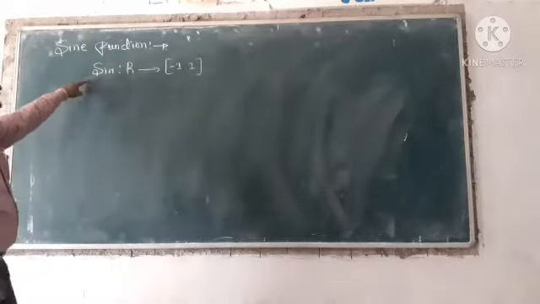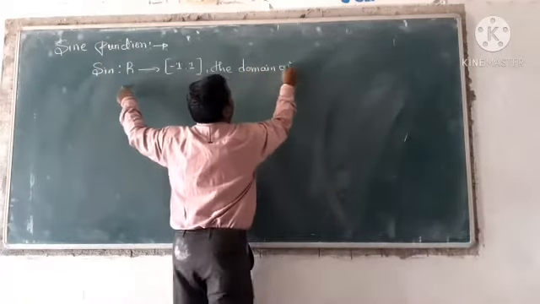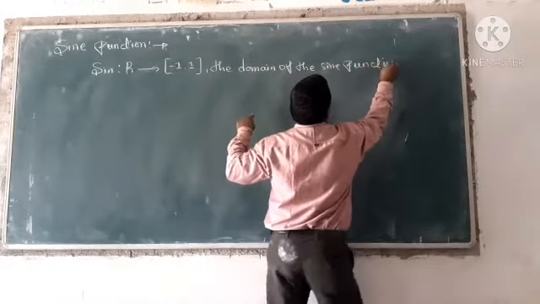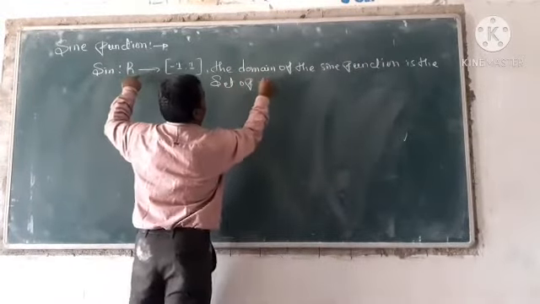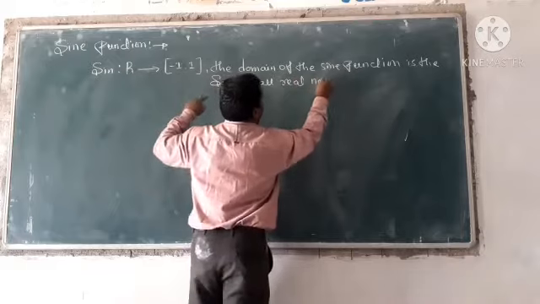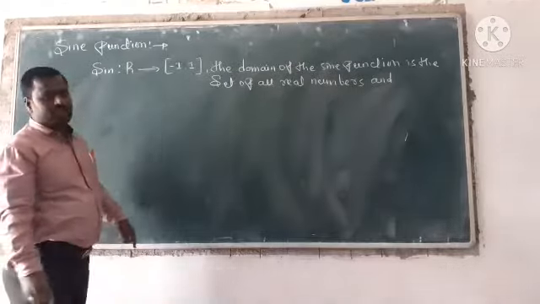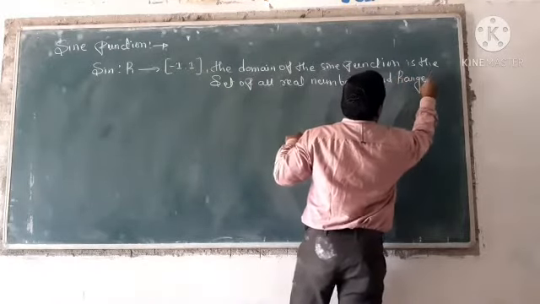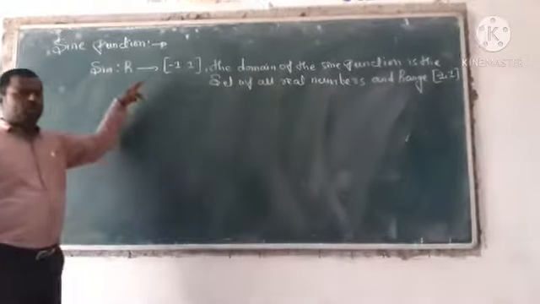The domain of the sine function is the set of all real numbers, and the range, which is most important, is minus 1 to 1. Range is minus 1 to 1.